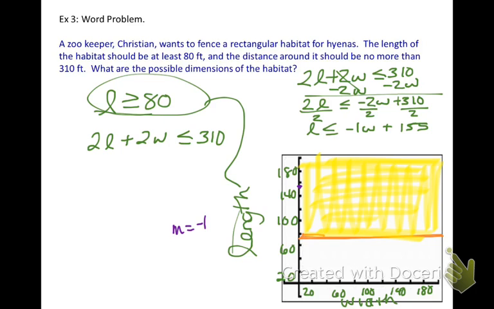That's going to be difficult to find when you have it by 20. So I'm going to make it negative 20 over 20, because I can do 20 over 20 really easily. So I'm going to bring it down 20, so right here, and over 20, so right here. So it's about right here.